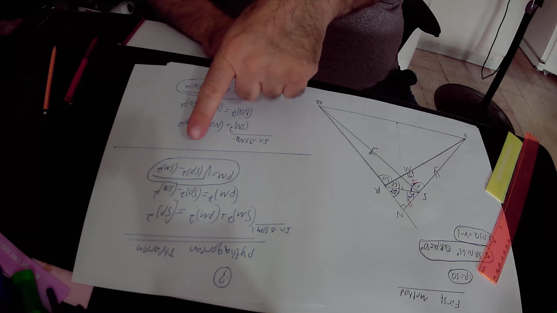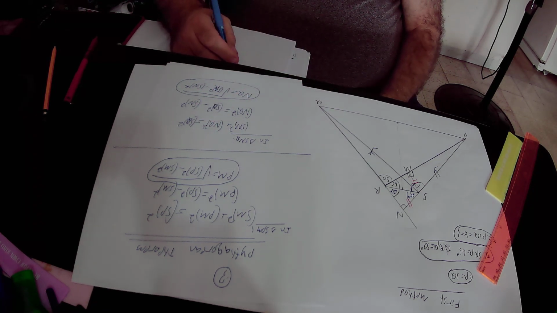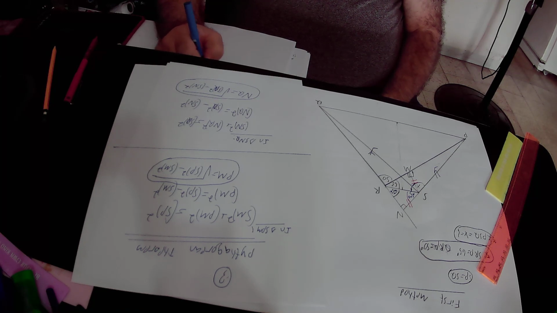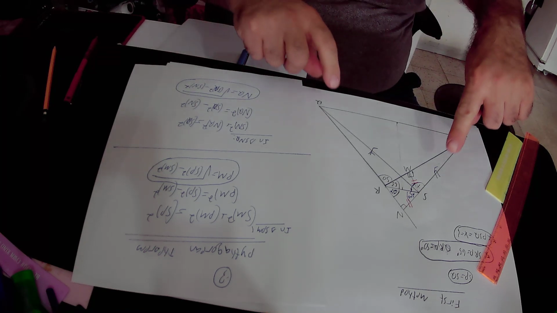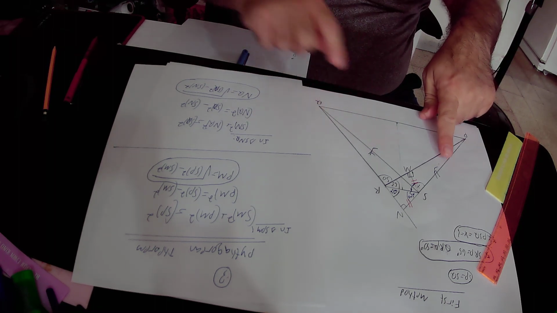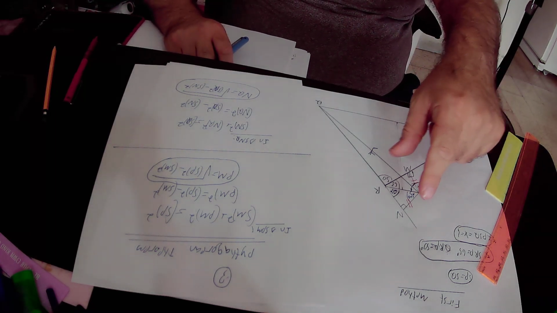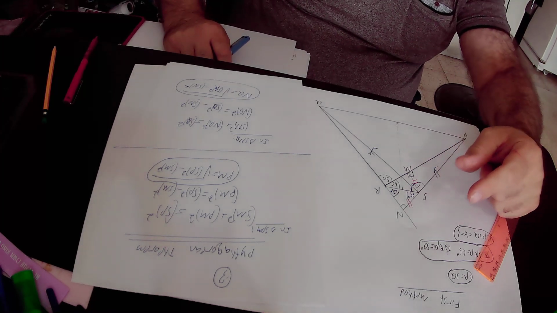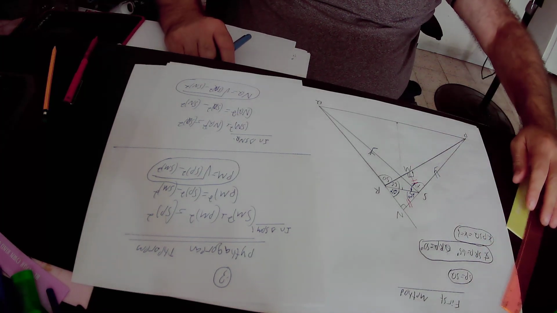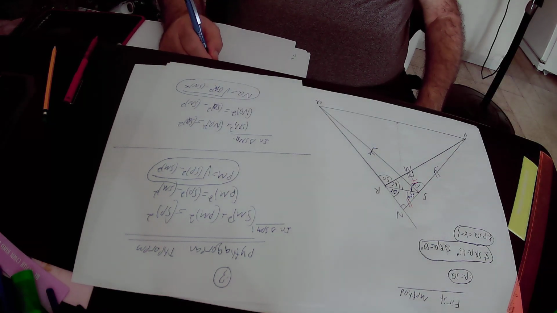Why are those two expressions that are in the root equal to each other? Because SP is equal to SQ, which is given in the question. SP equals SQ, they are both equal to Y. And we also know that SM equals SN.